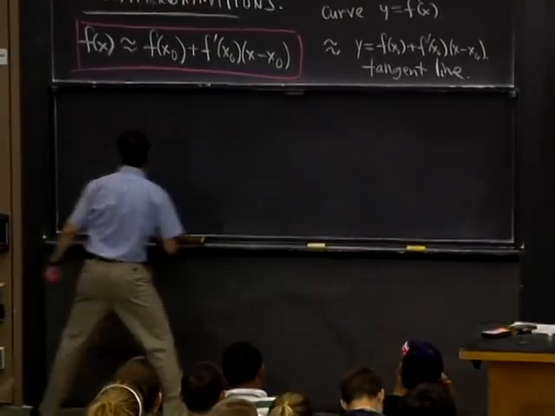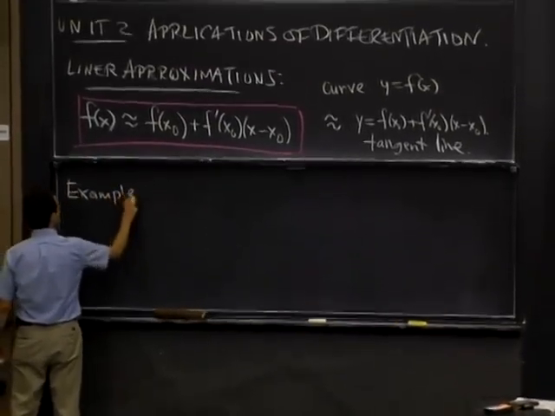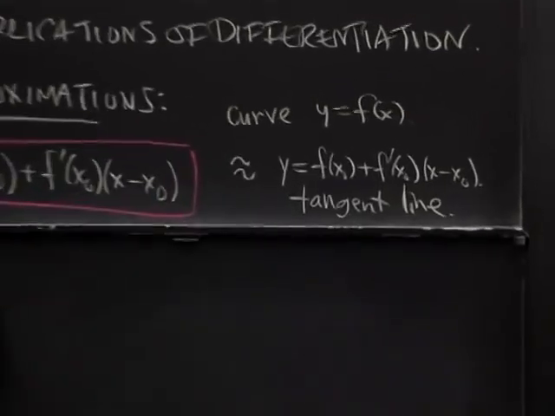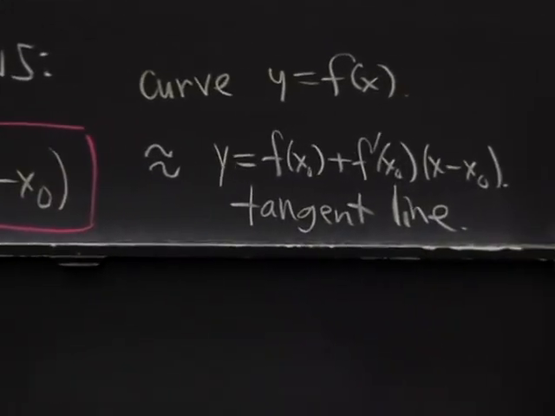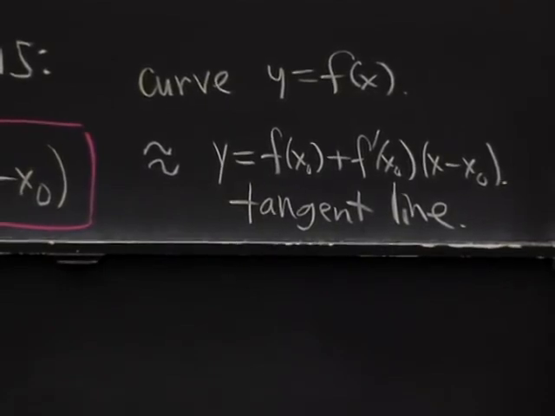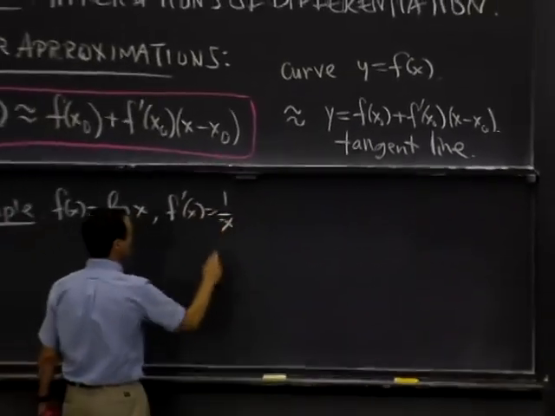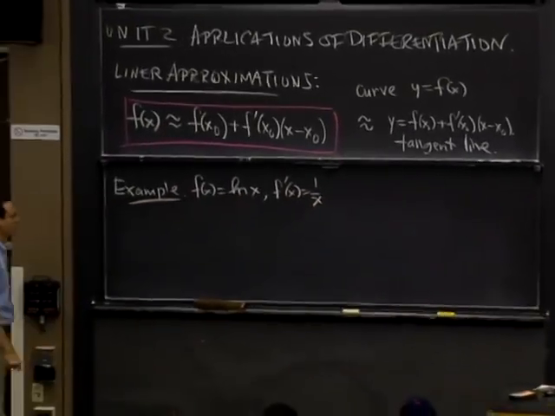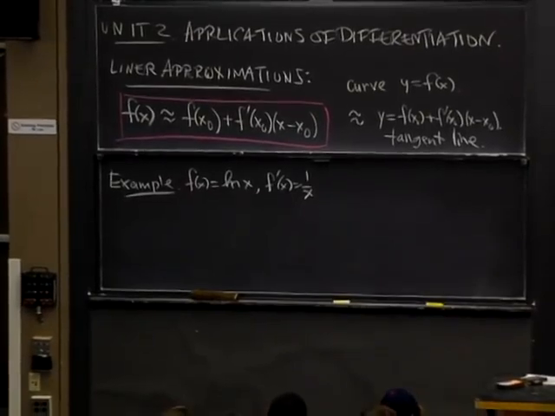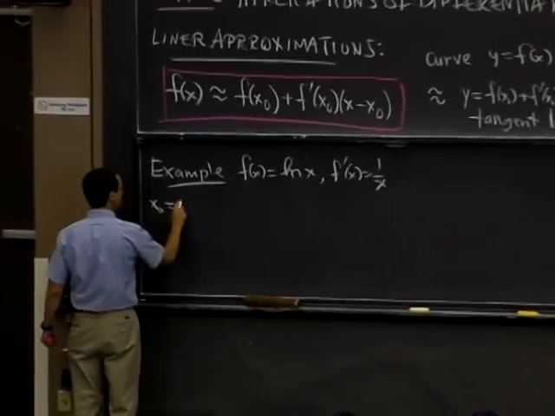So let's give an example. I'm going to take the function f of x, which is log x, and its derivative is 1 over x. Let's take the base point x0 equal to 1.